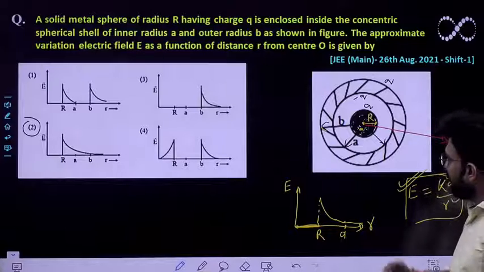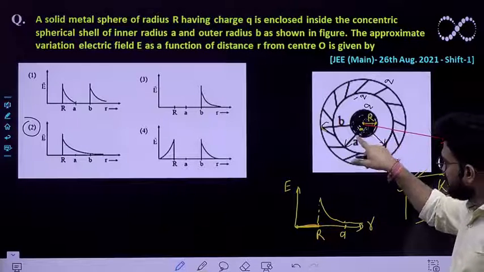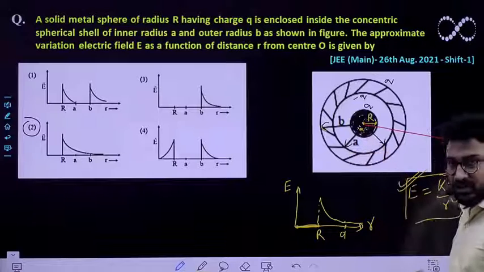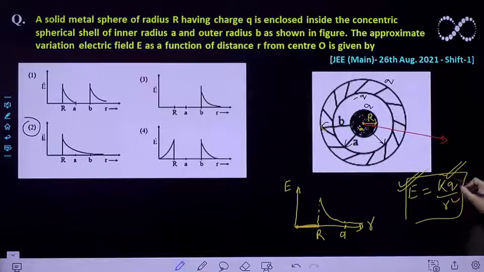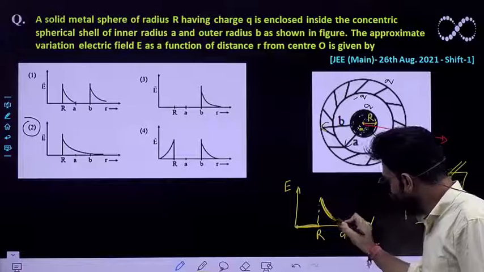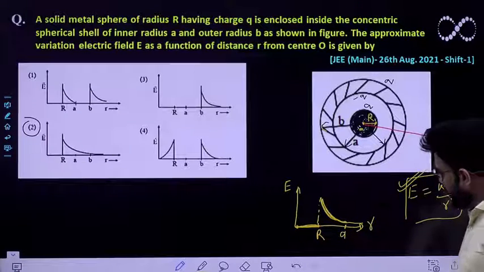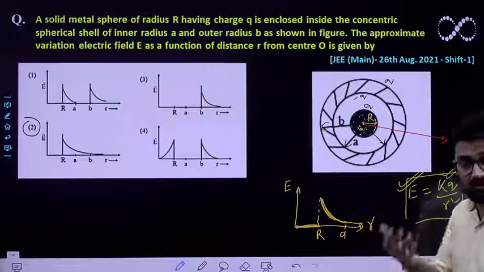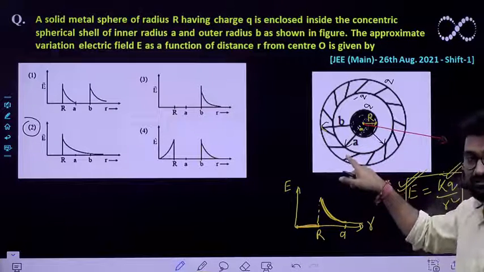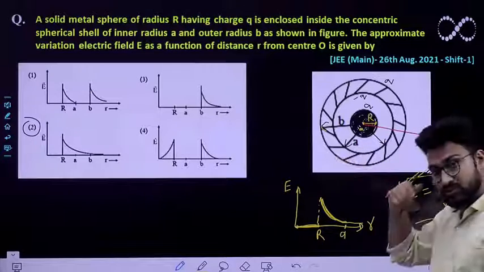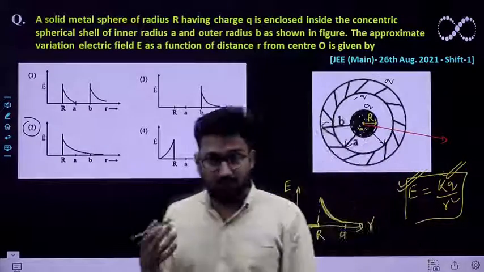Now if you are moving from R to A, the electric field would again vary with the relation kq by r square, so the graph would be just like this. Now if you are moving from A to B, since it is a conducting shell, the electric field inside a metal is always 0.